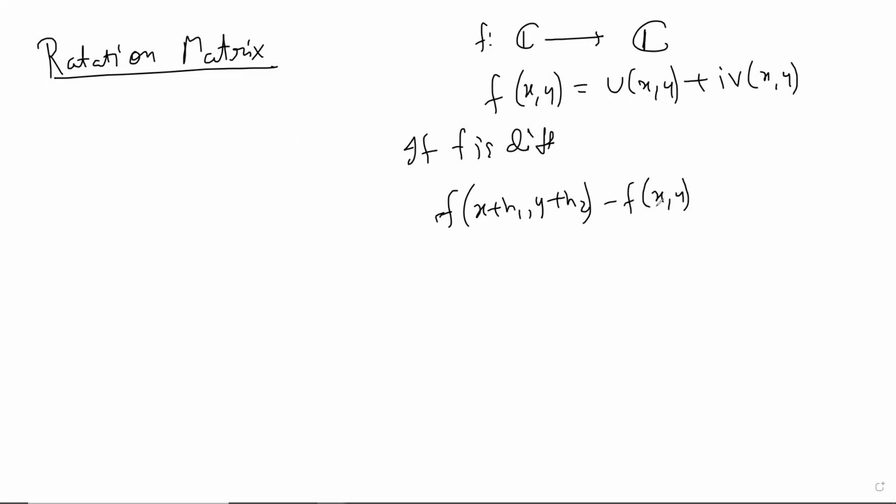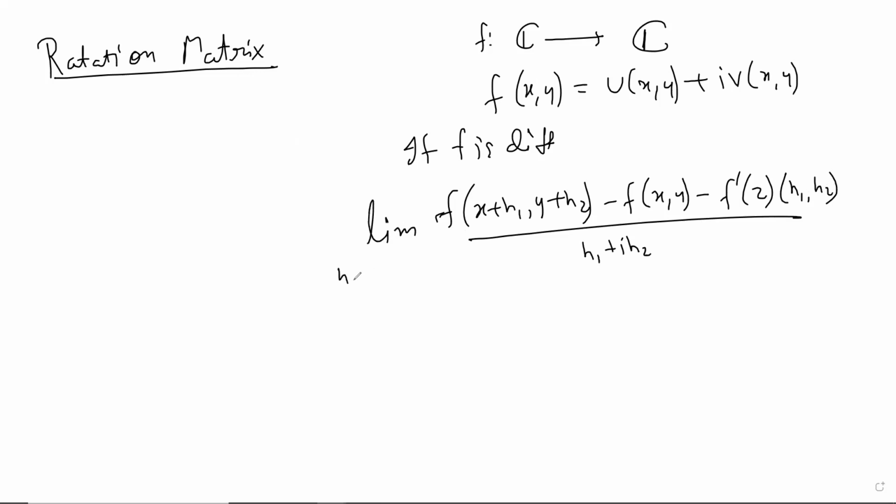We said that this minus this, minus a derivative, which is a complex number, multiplied with h1 comma h2, obviously divided by h1 plus i h2, tends to 0. The limit of this as h1, h2 goes to 0 is equal to 0. This was more or less the definition of the derivative, right?